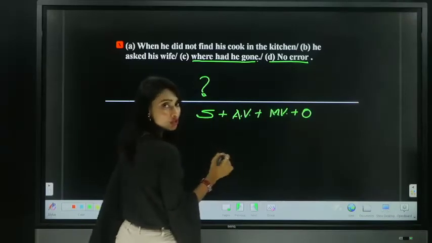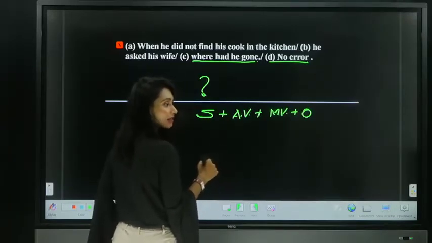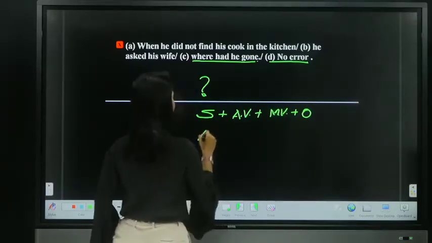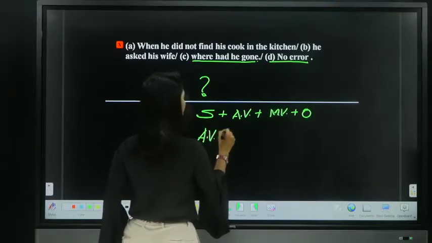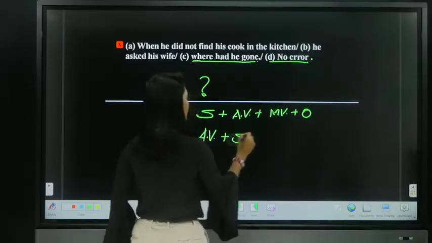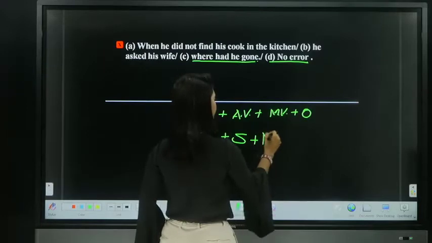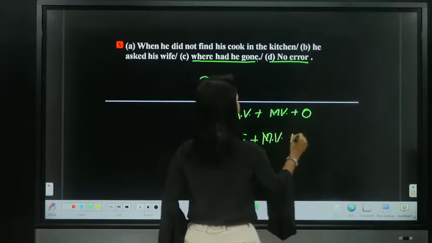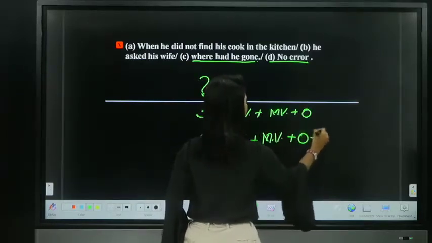What is the interrogative formula for this? The interrogative formula is auxiliary verb plus subject plus main verb plus object plus question mark.